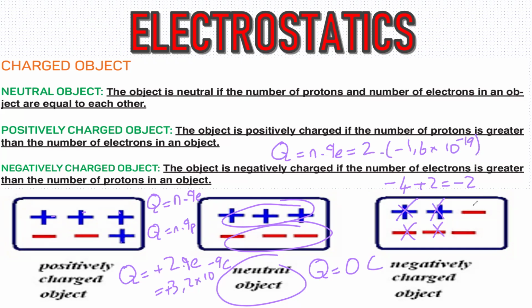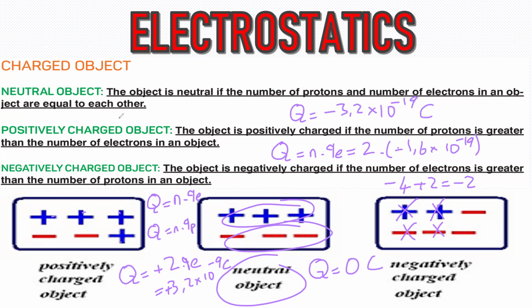Why? Because we have excess electrons. The previous one had fewer electrons, so it was positively charged, but now you have negatively charged. The charge of the object equals negative 3.2 times 10 to the power of negative 19 coulombs, C.